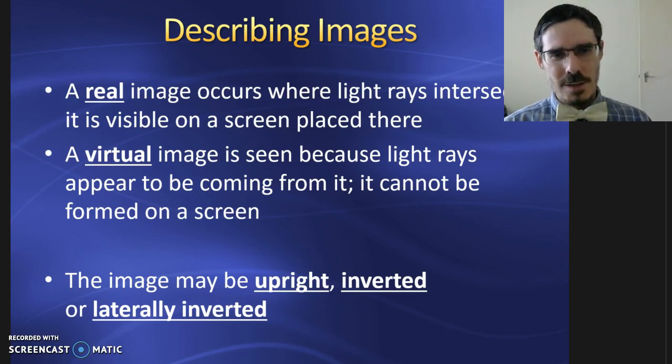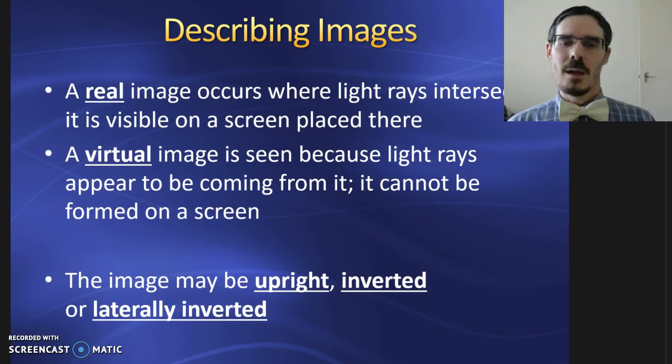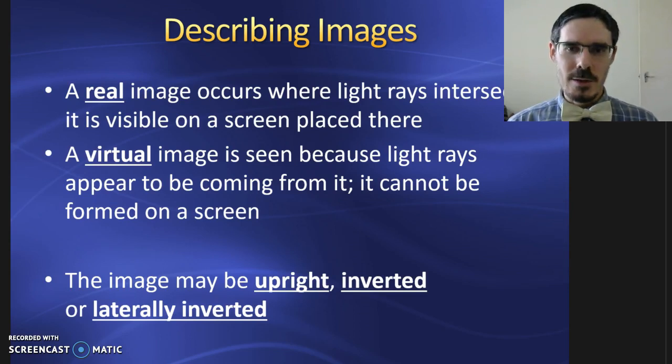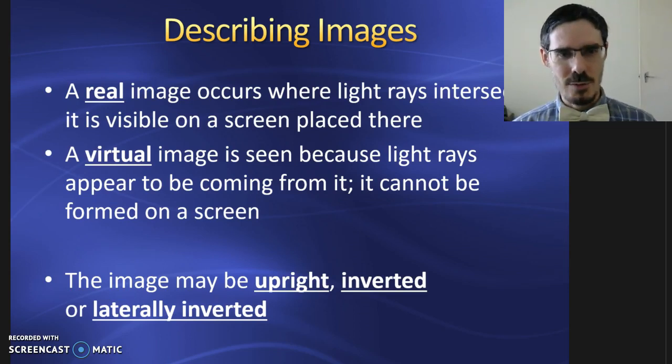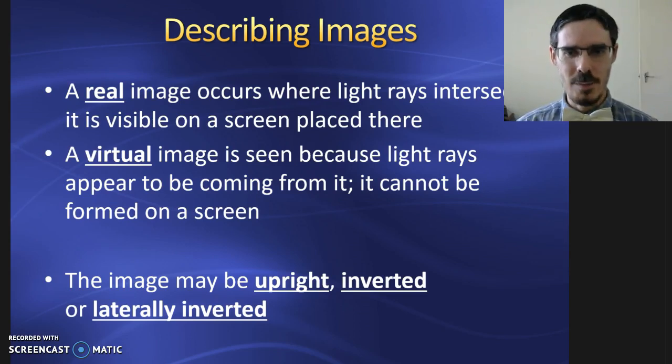And we're also going to be asking what happens to the image of an object, for example, in a mirror or a lens. There are some words we use to describe the image. A real image occurs where light rays actually intersect. If you put a screen there, you will actually see the image on the screen. That makes it a real image.